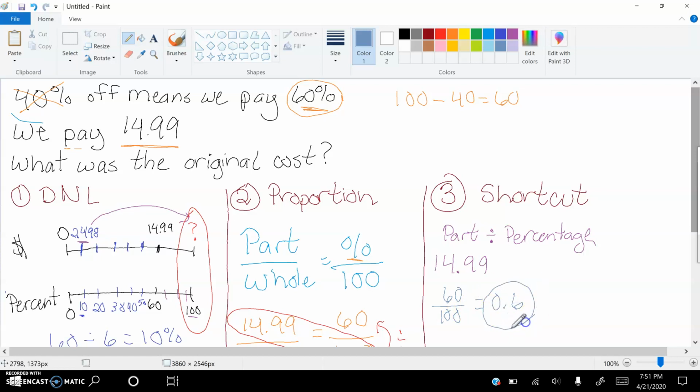So this is the number we're going to use as our percentage. So you're going to do 14.99 divided by 0.6, and that will give you the original cost of our phone case. So whichever one of these three strategies makes the most sense to you, feel free to use that to solve our problem.